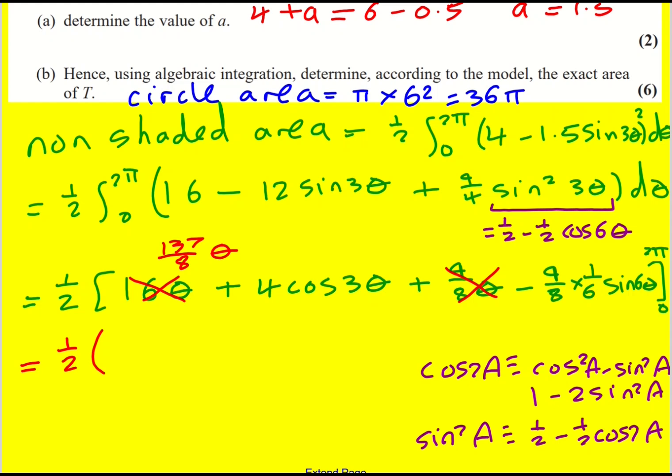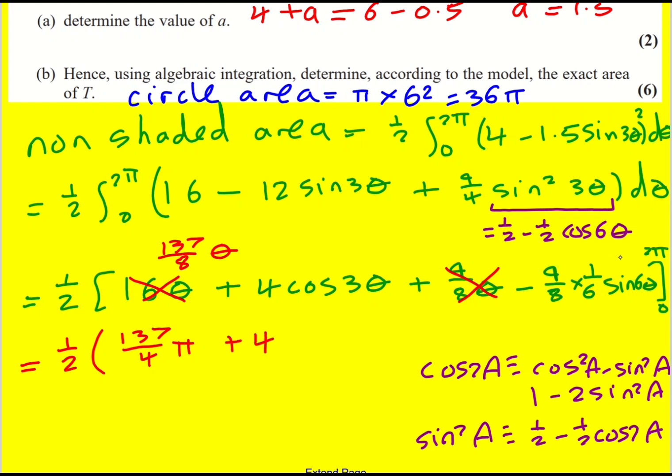And now let's sub in. So I'm going to get a half. Remember, I have to show detailed reasoning, so I want to show enough working here. Sub in 2 pi, so 137/8 times 2 pi. Do this on your calculator, so we get 137/4 pi. Then we get 4 lots of cos 6 pi. This ends up being 4.